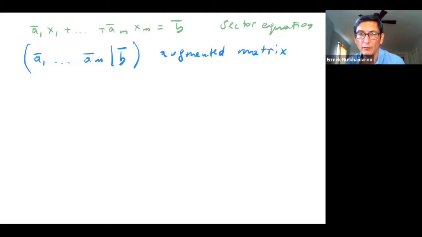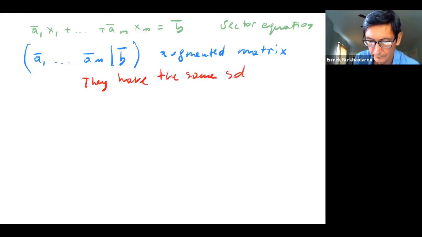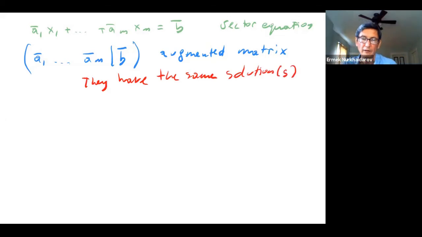So we will have exactly the same solutions. They have the same solution, or they both don't have one, both inconsistent. So the augmented matrix and the vector equation are equivalent.